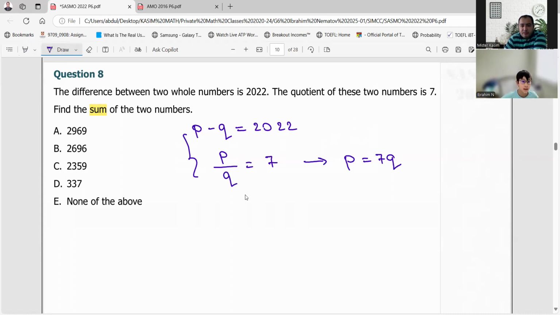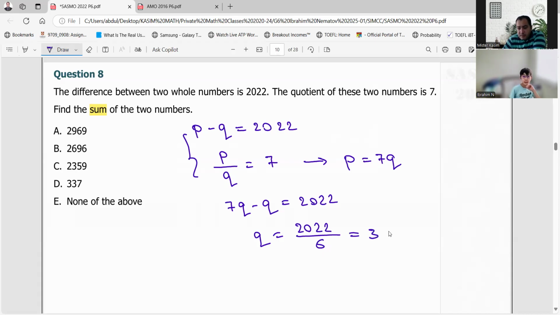P is equal to 7Q. So 7Q minus Q is equal to 2022. Now if you divide this by 6, 2022 divided by 6: 20 divided by 6 is 3, 22 divided by 6 is 3, again, 42 is 7.